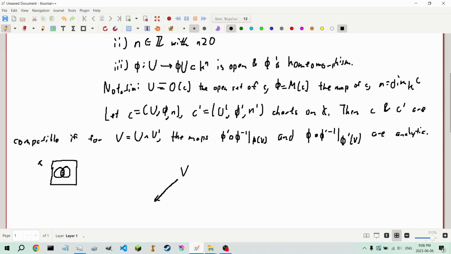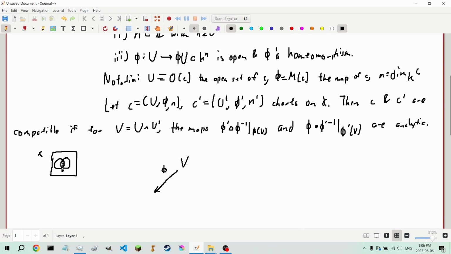And so this spot here is V. We have a function phi from V, being the image of phi V, in K^n, and phi prime going to the image of phi prime of V in K^n prime.